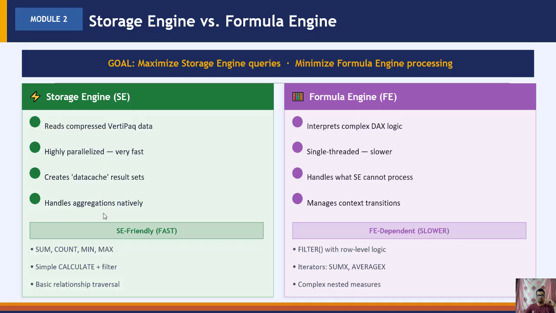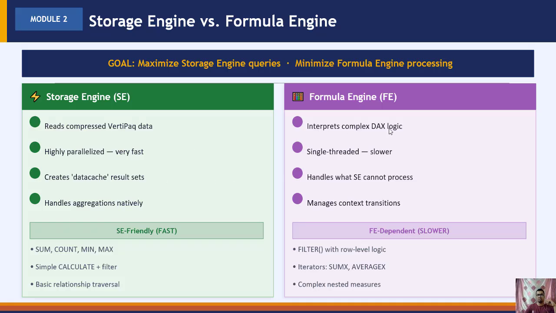Before that, we will see the advantages. The storage engine reads compressed VertiPaq data and is highly parallelized. Simultaneously, multiple processing is done, and it creates a data cache result set and its aggregations natively.